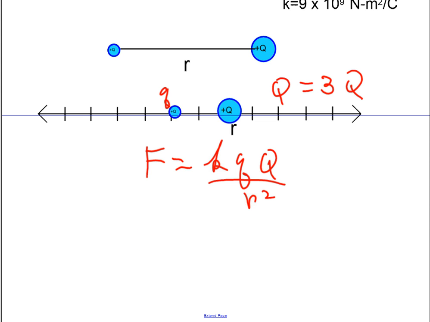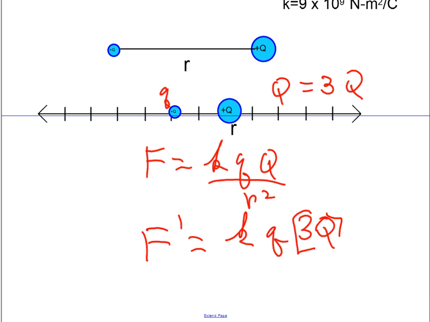Let's see what the new force is. Let's call it F prime, and it's going to be k q. Now the new Q is going to be 3 times the old Q, so it'll be 3Q. And the new distance is not going to be r, it's going to be 1/2 r, but don't forget you have to square it.